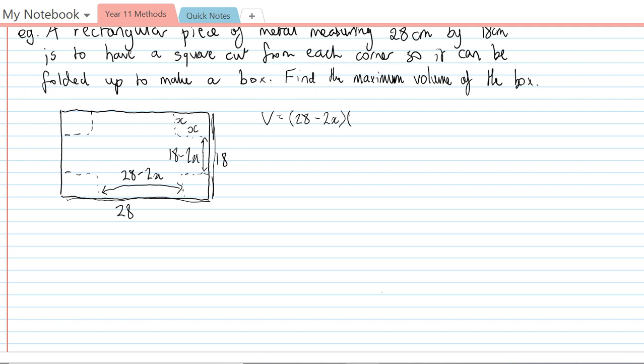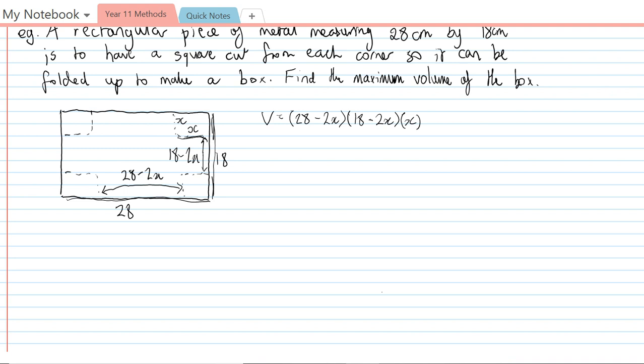The width of it will be 18 minus 2x. And the height, when we fold up this part here, that's going to be the height of it, and so the height there is just x.